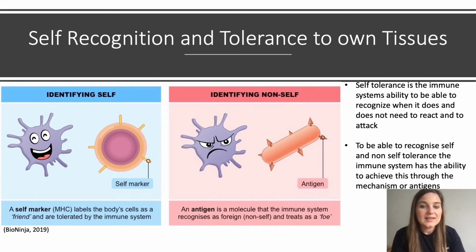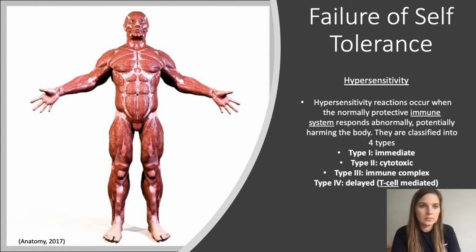Now, there's not a consistent level of response in the immune system; the response is generated by the level of similarity between the antigen and the self-antigens within the body. So, failure of self-tolerance. Hypersensitivity reactions occur when the normally protective immune system responds abnormally, potentially harming the body. These are classified into 4 different types. For example, type 1 are immediate reactions such as allergies and asthma.